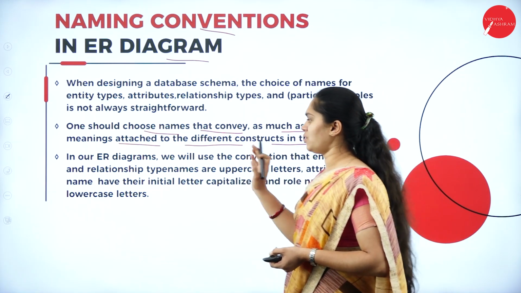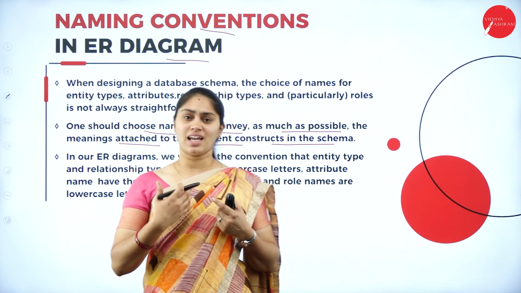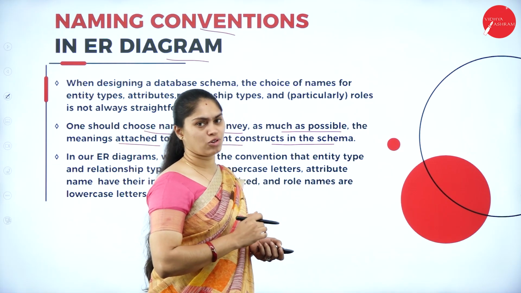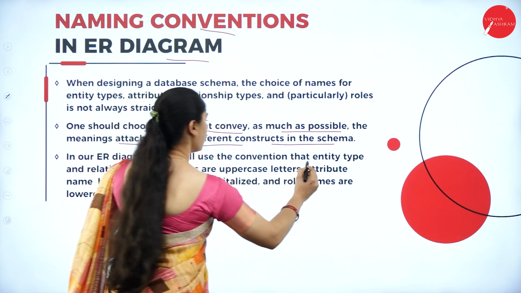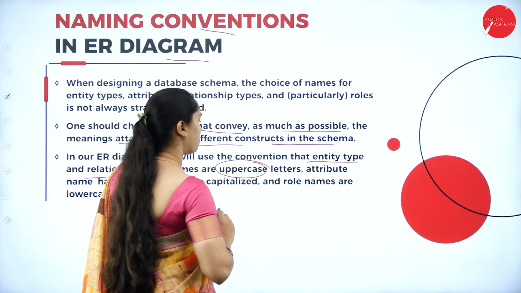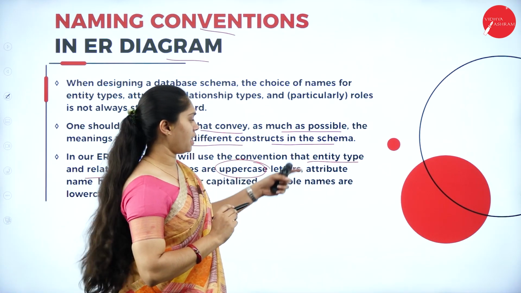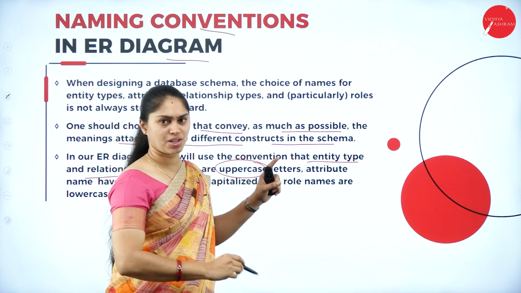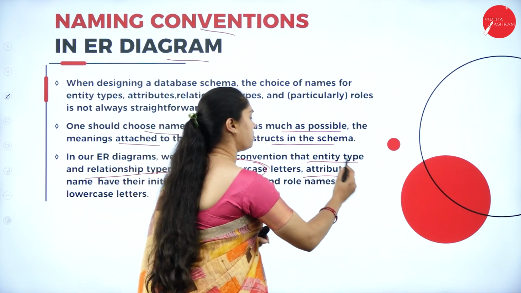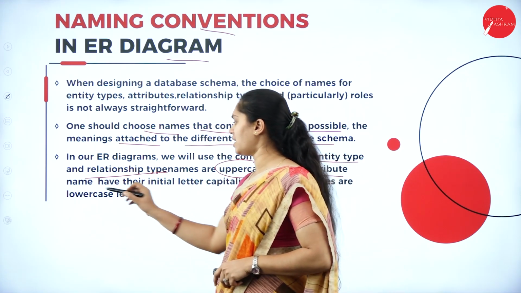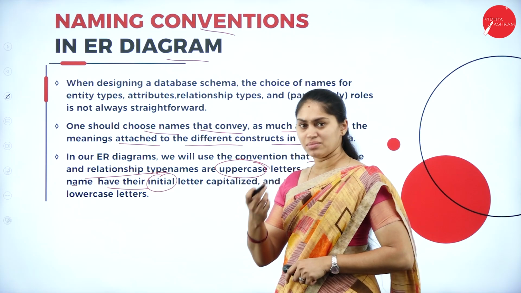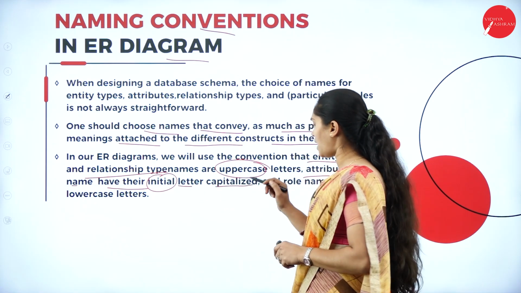Then you need to understand one thing: whether it is capital or small letter, uppercase or lowercase, what we have to use. Entity type and relationship type names are in uppercase letters. Whenever you are using entity type and relationship type, we have to use uppercase letters. And for attribute names, the initial letter should be capitalized.